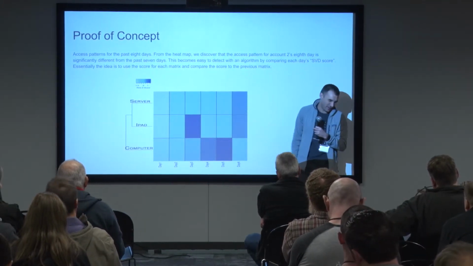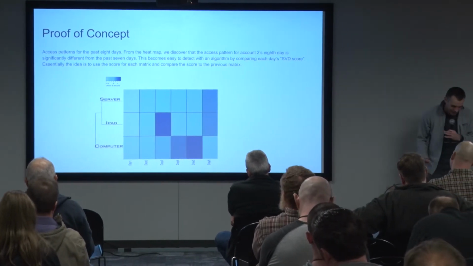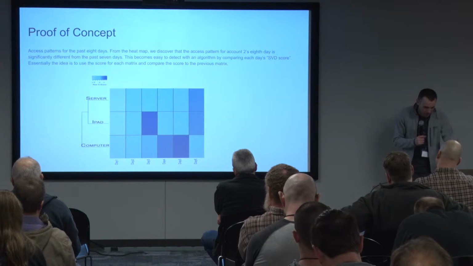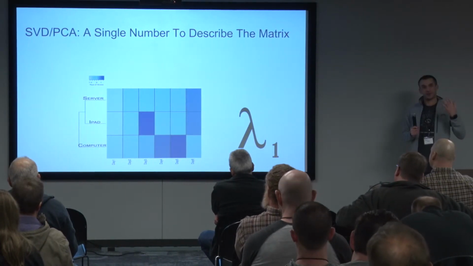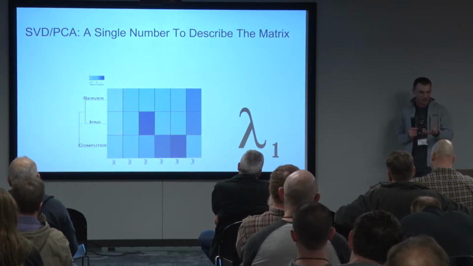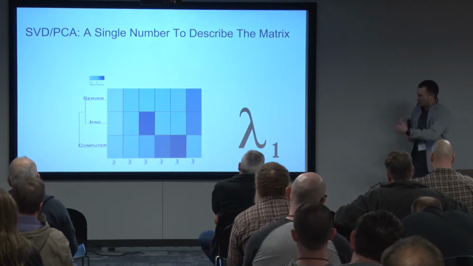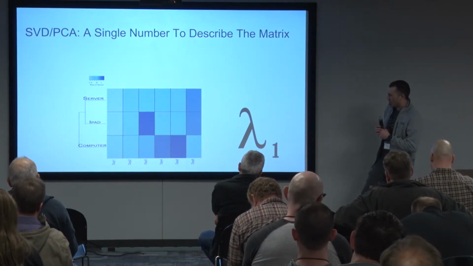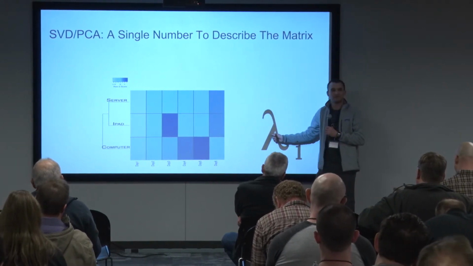We have a normalized count here because there's some light machine learning going on in the background, but really the key intuition is that I have a matrix that describes behavior, and if I'm doing this in real time, I can use a couple of straightforward, vanilla computations that are pretty standard for this problem to describe this whole matrix with a single number.